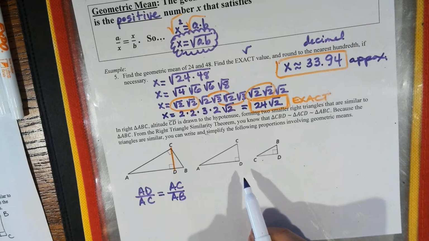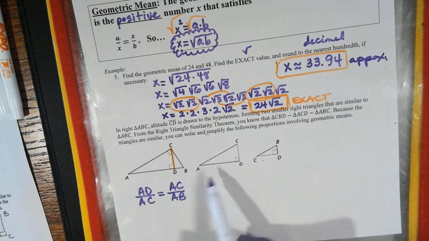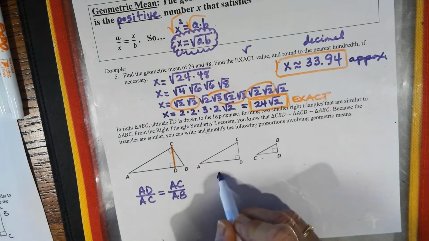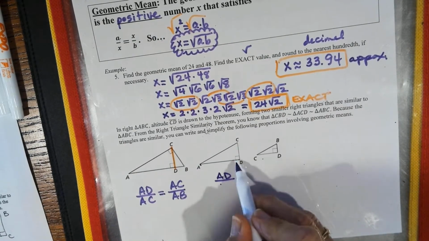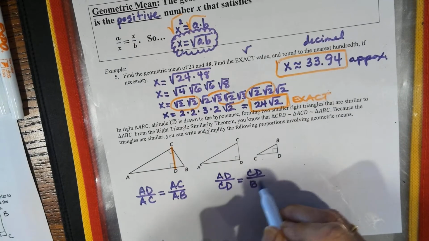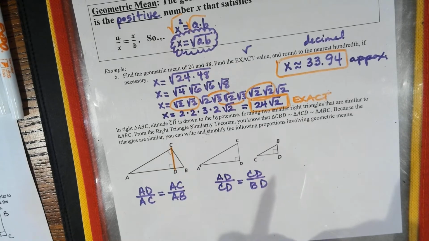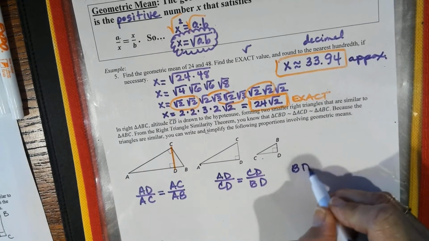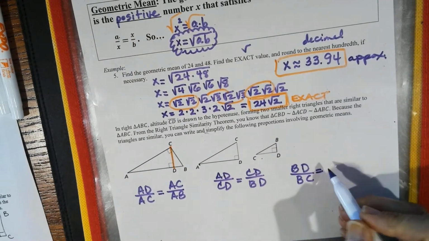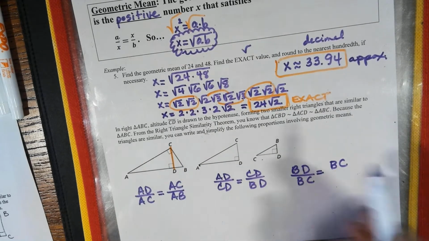For this one here, AD over CD is equal to CD over BD. And we can also write BD over BC is equal to BC over AB.